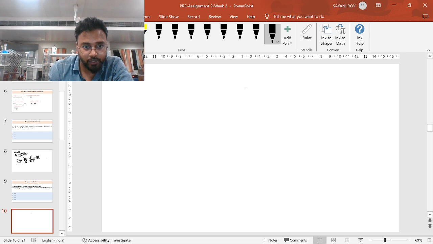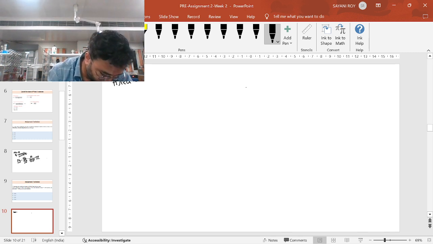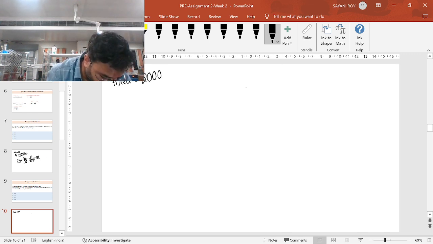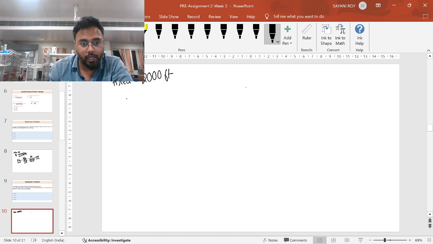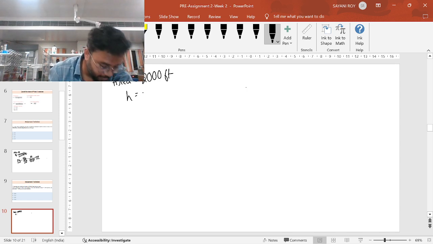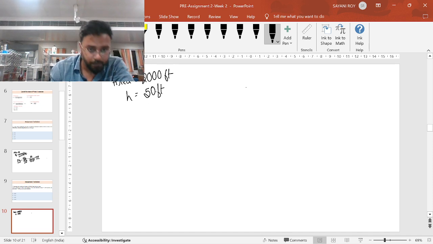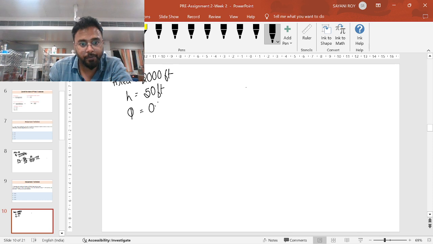So what are the data given? Area is 2000 feet squared. Height is given as 50 feet. Average porosity is 0.18.